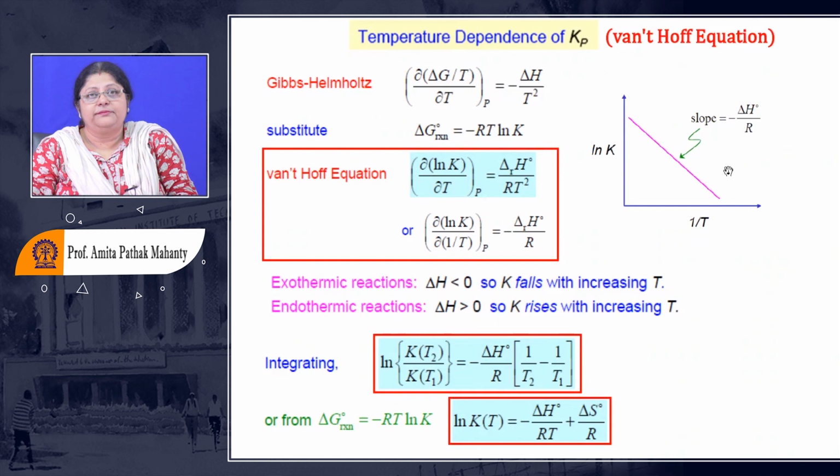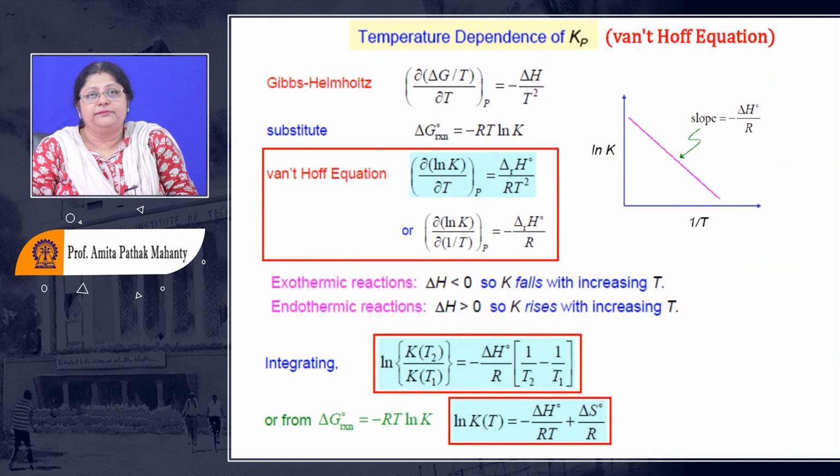from the slope. So if you integrate the above equation, this is a version of the Van 't Hoff equation with which you can find out the temperature dependence of the Kp or the K. So the temperature dependence of K can be obtained from this expression. I don't want to read it out.